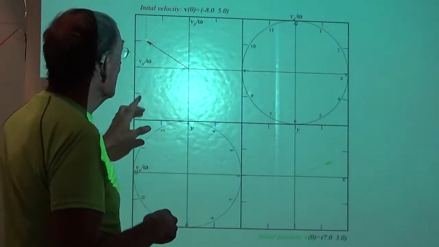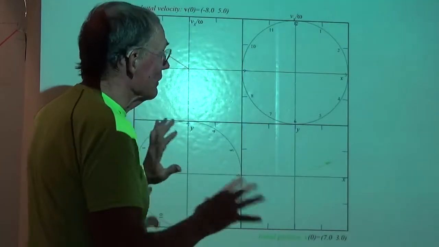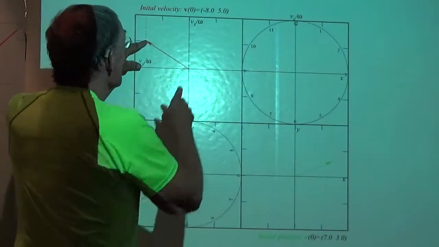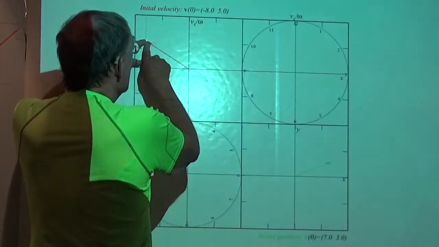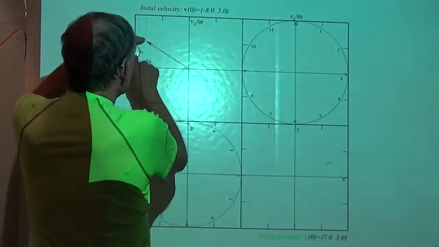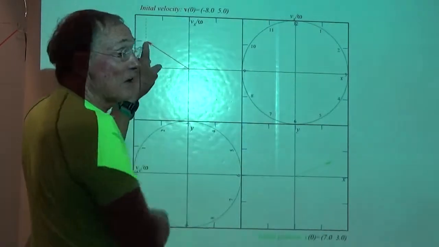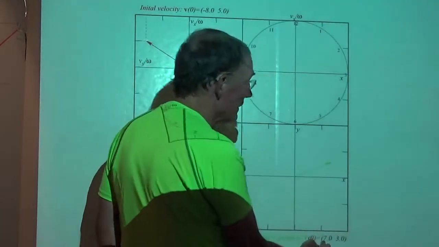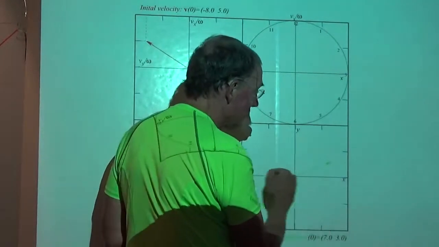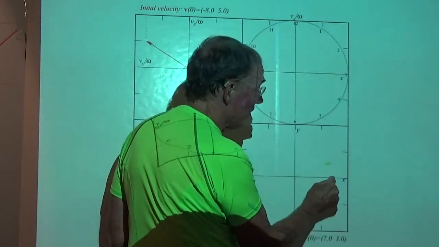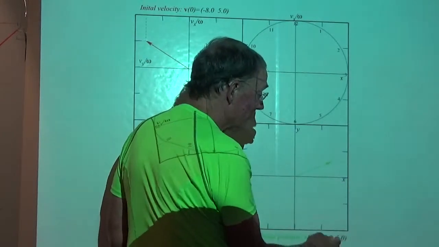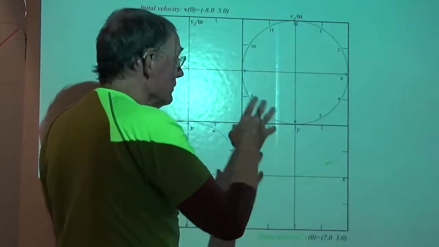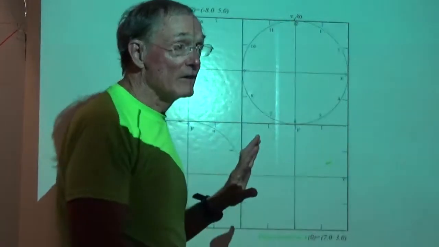So let's just take omega to be 1 here so you don't have to worry about those factors. If I'm given the initial value here of -8 and +5, okay, so that's your initial velocity, right? And then your initial position is given by +7, okay, so here's 0, +7, and then up 3, then that tells you all you need to know what this is going to do forever.